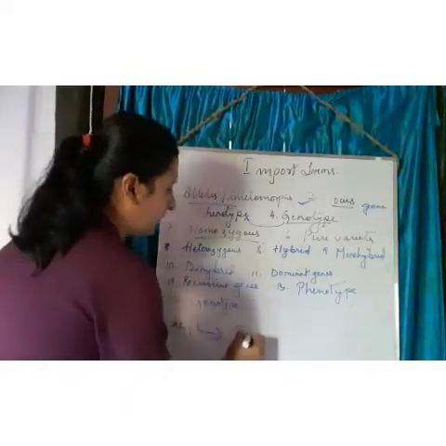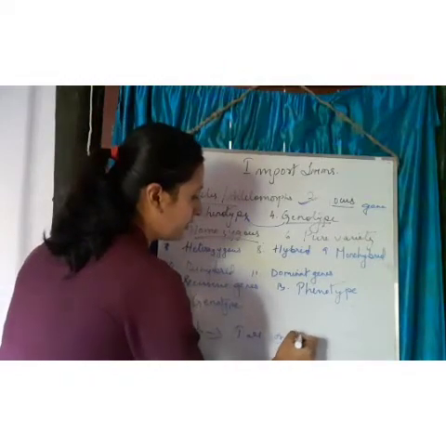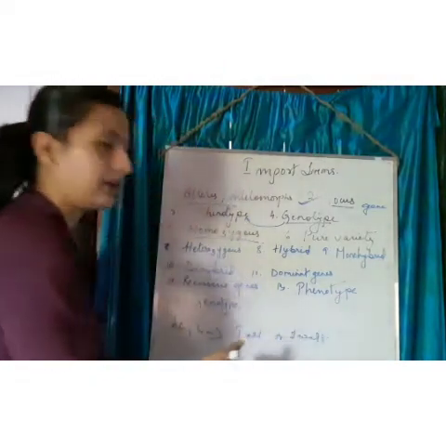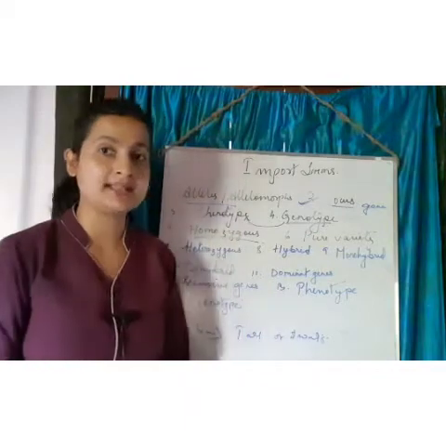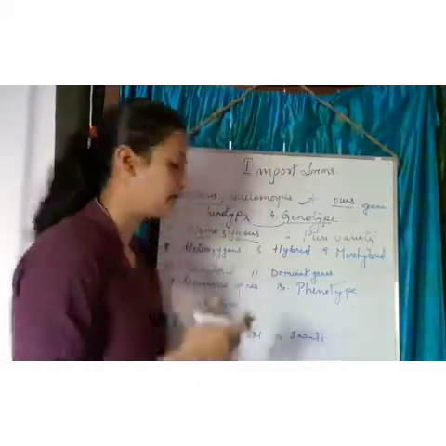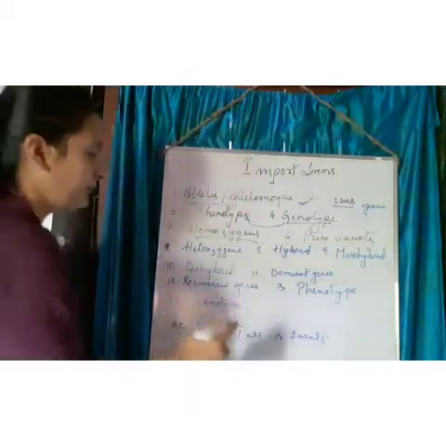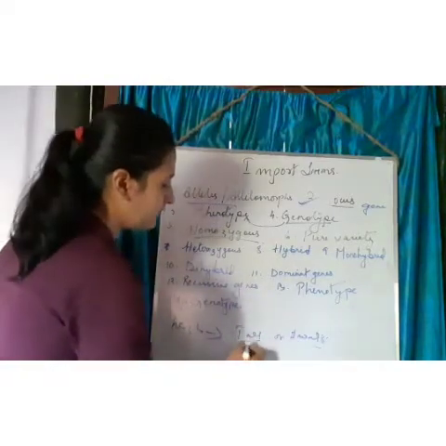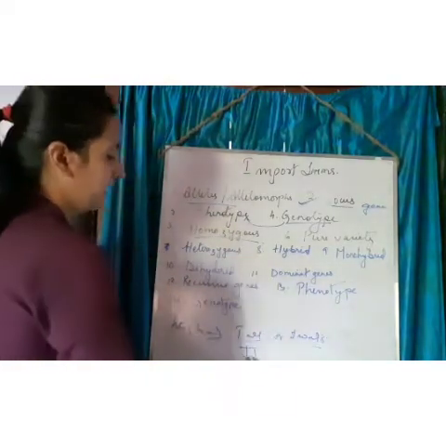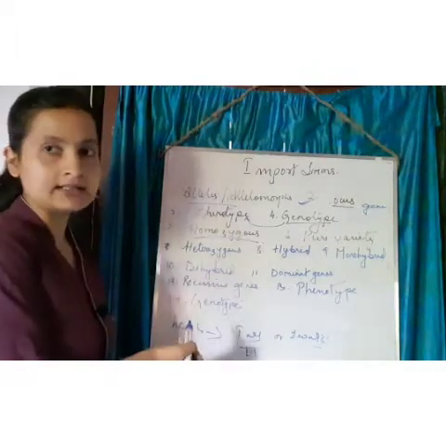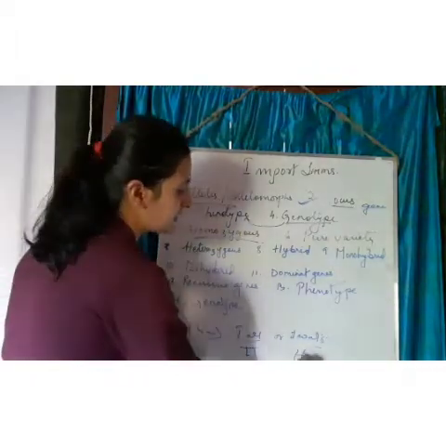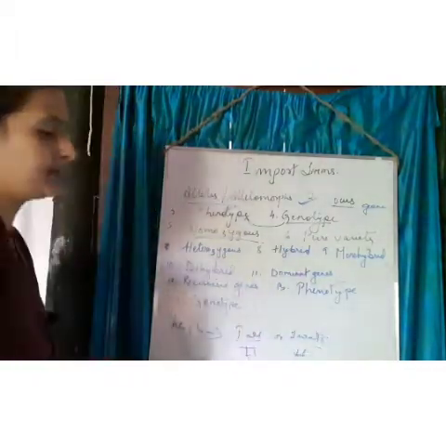Height can be either tall or dwarf, or you can say short. This example I have taken from Mendel's experiment, which I will explain to you in my later classes. For now, just remember that there are two traits: tall, represented by capital T, and this is called alleles, and short, represented by small t.